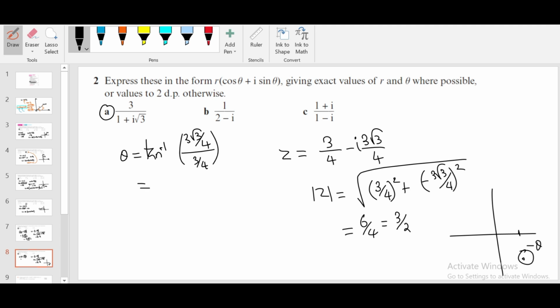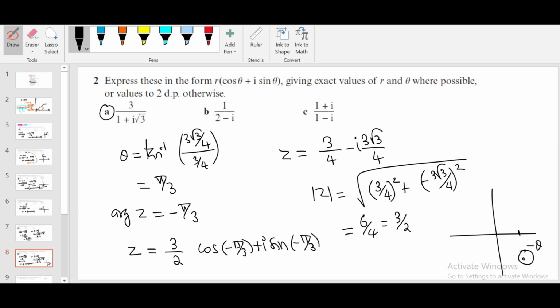So tan inverse of root 3 is just pi/3. So the argument of z is minus pi/3. We got the modulus and the theta. You can write z as modulus r times cos minus pi/3 plus i sin minus pi/3. That's the modulus argument form of this complex number.